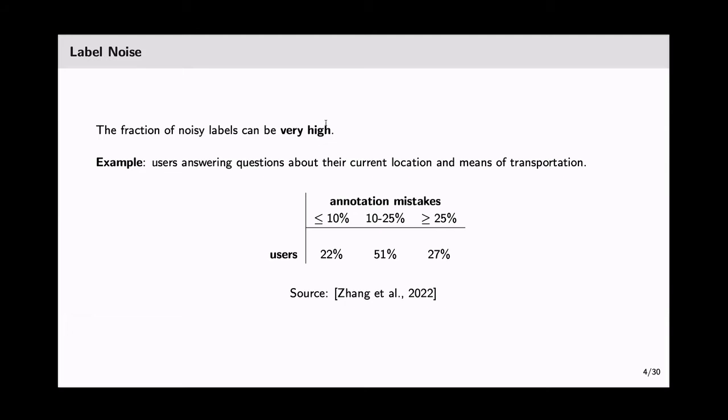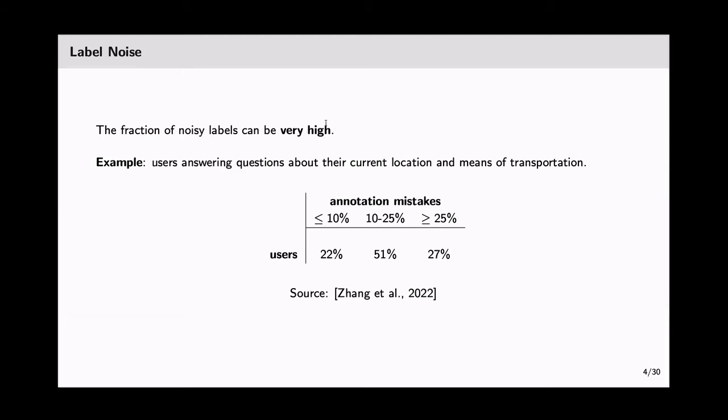The fraction of noisy annotations that we get from the user can be very, very high. For example, my colleagues made a data collection. They asked university students to install a mobile app which collects sensor data. And the user should answer a question about the current location or means of transportation.